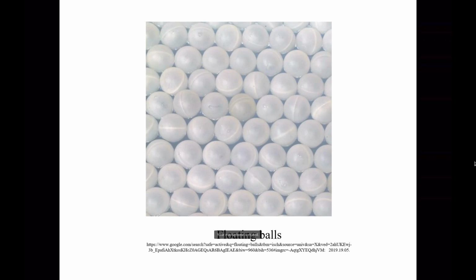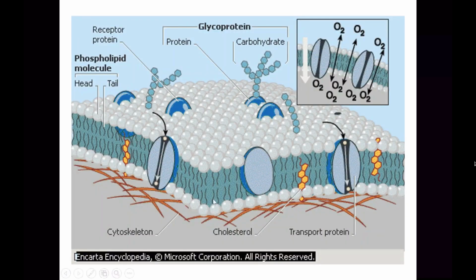We don't help them. This is a rather well organized structure, but an organized structure means that the structure has crystalline properties. This means that the cell membrane is like a crystal.